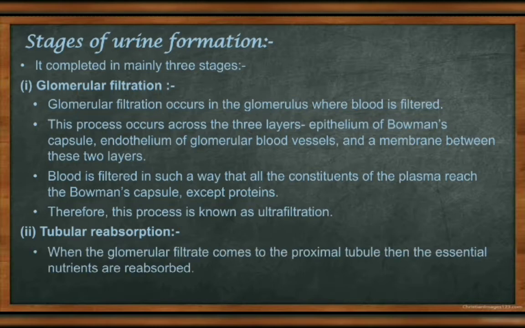Now when the glomerular filtrate comes to the proximal convoluted tubule, the essential nutrients are reabsorbed, which I already told you. When the components are transferred from the Bowman's capsule to the PCT, the nutrients present in the blood except protein are reabsorbed here.